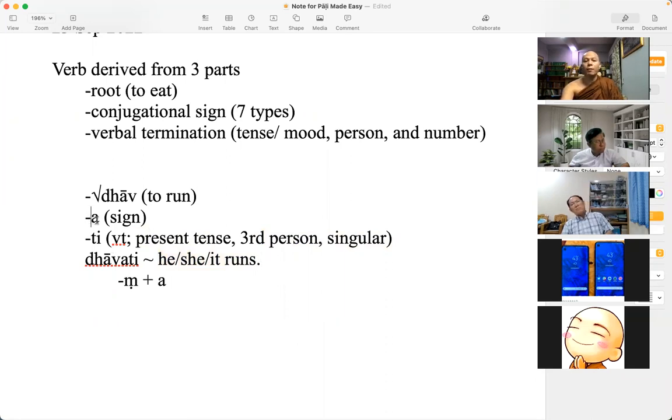Now we don't find the function of the sign. So that means the function of the conjugation sign, roughly we can say, is just to form the verb form. That is the function of the conjugation sign, roughly.